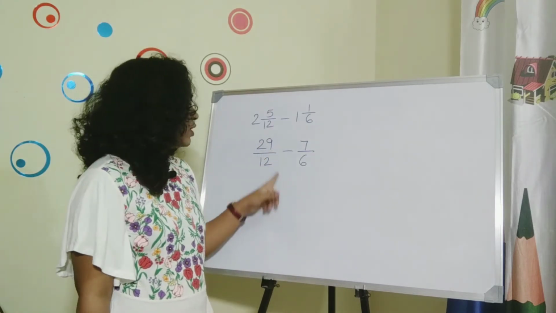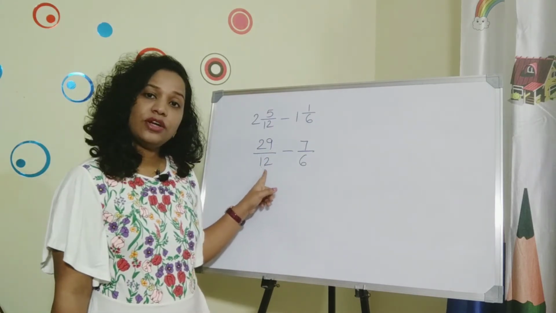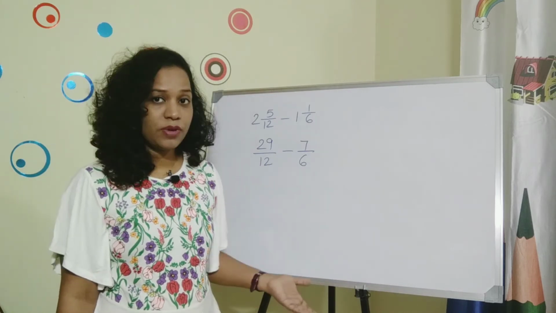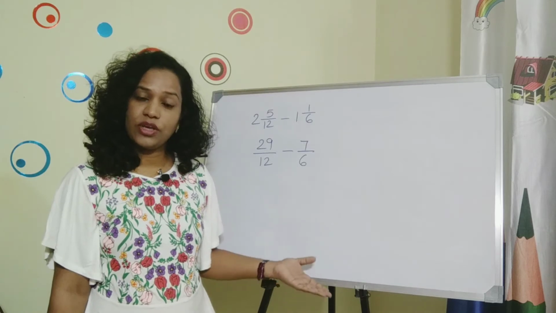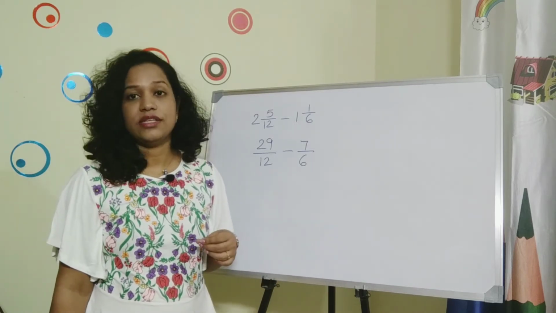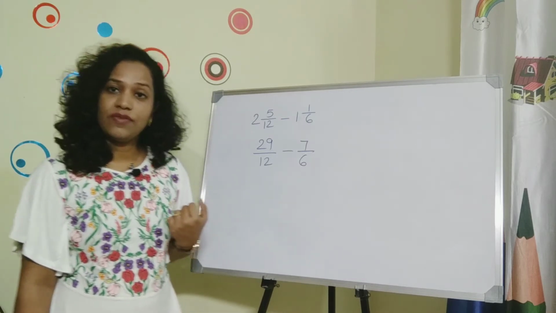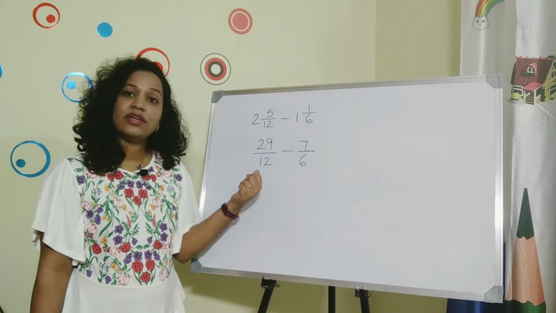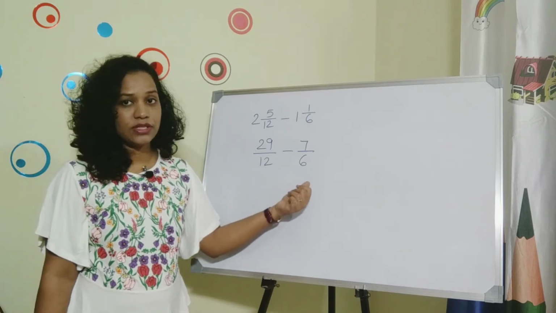Okay. So here the denominators are 12 and 6. So the steps what we had followed in the previous problem, we have to follow here also. So we have to find the LCM of 12 and 6. What is the LCM of 12 and 6? It is 12 because 12 is a multiple of 6.